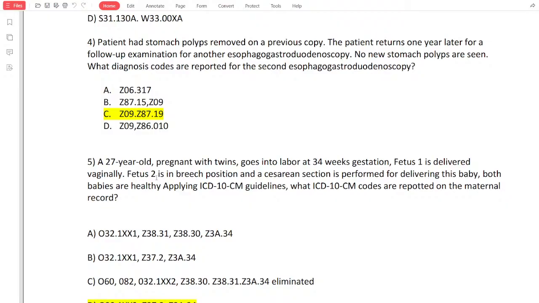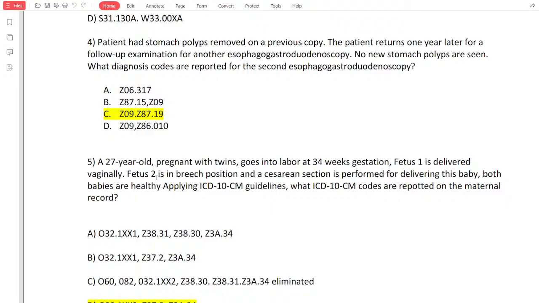So these are the conditions. Here, a pregnant lady with twins, 34 weeks gestation, and one fetus is delivered vaginally and the next fetus by cesarean.